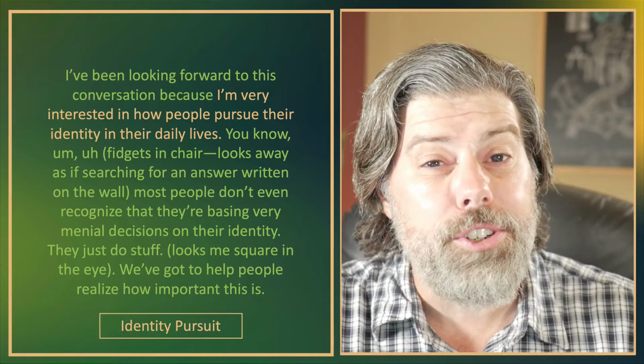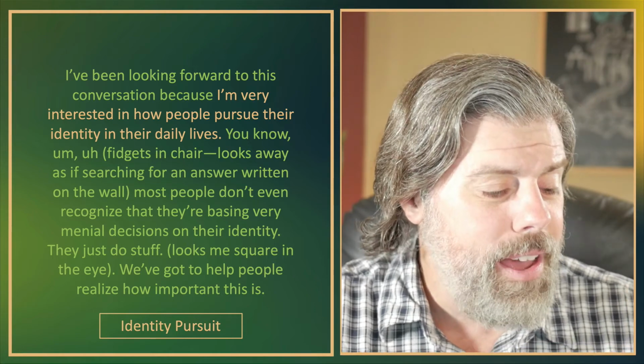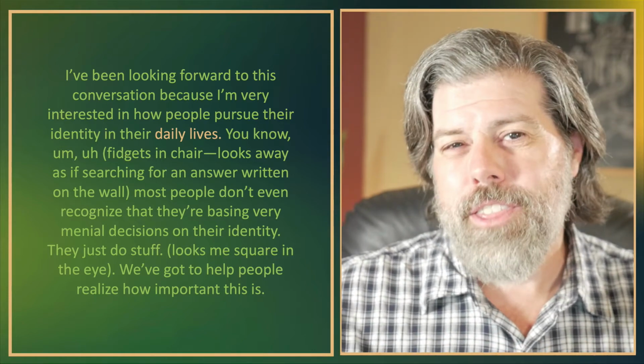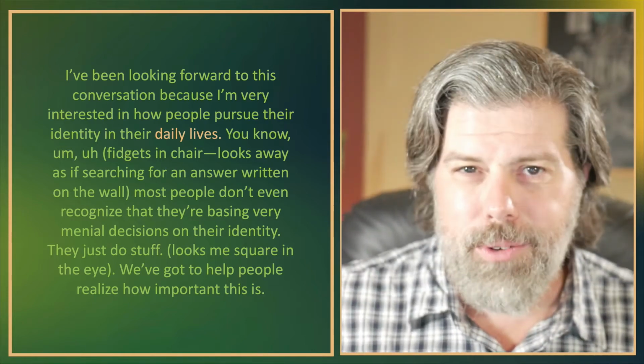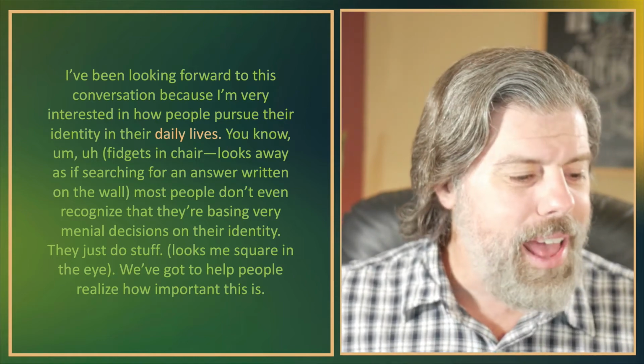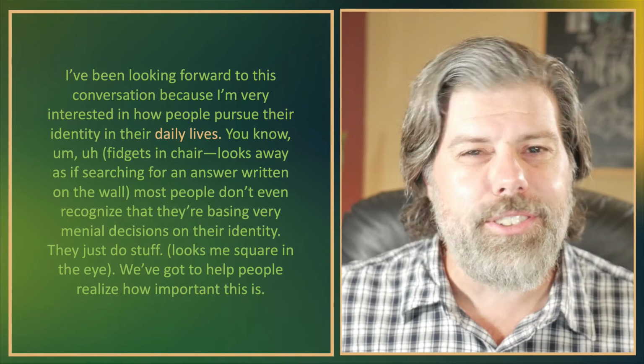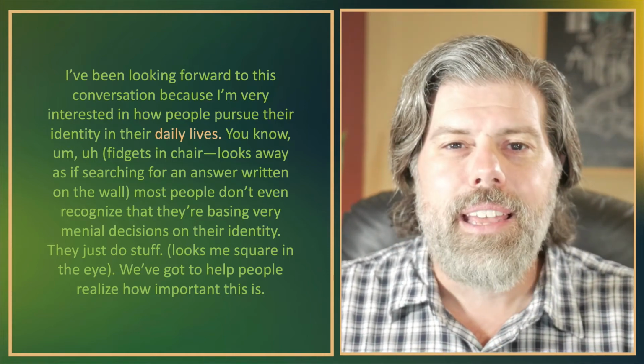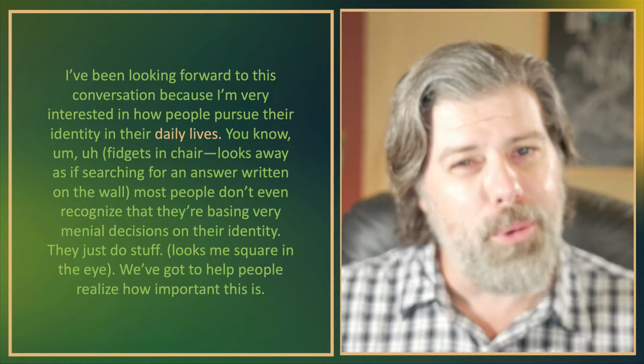Fantastic. So notice I have two codes out of the first sentence. But as a good researcher, I'm not done because there is something else that seems to stand out to me in sentence 1, and it's these two words right here, "daily lives." That feels important to me. So the first part of the sentence, they were talking about how eager they were to talk to me. Then they were talking about how people pursue identity, but rather than just stopping it at "I'm very interested in how people pursue their identity," they added this little phrase at the end, "daily lives," and that feels important to me.